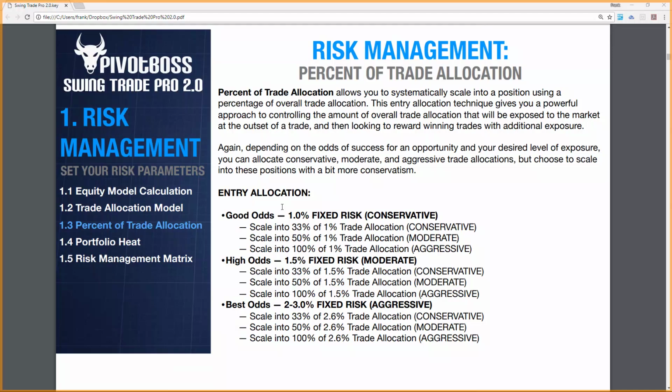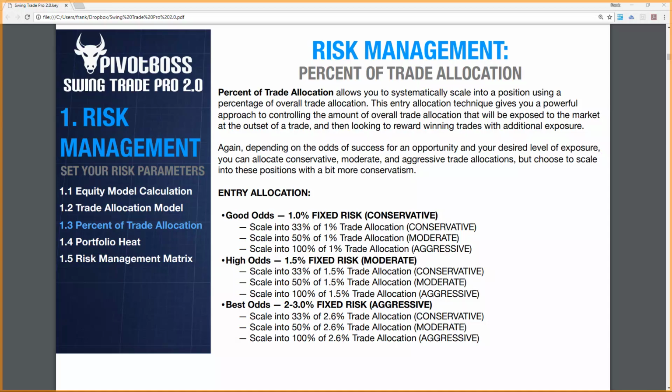So let's talk about percent of trade allocation. Now that we understand core equity, we understand the trade allocation model that we want to use, this is something that I call percent of trade allocation. So percent of trade allocation allows you to systematically scale into a position using a percentage of overall trade allocation.